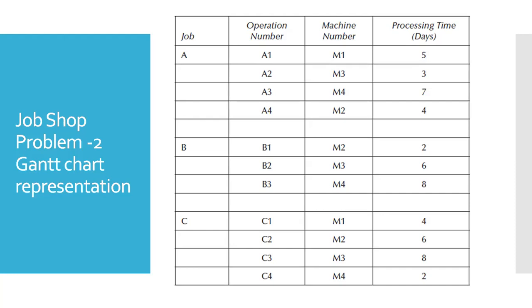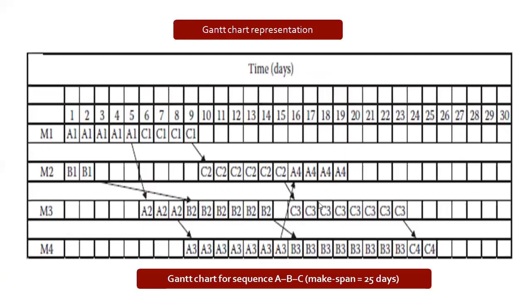Suppose for operations B1, B2, B3, the machines assigned are M2 for B1, M3 for B2, and M4 for B3, and processing times are 2, 6, 8. Suppose we have job C with operations C1, C2, C3, C4, the machines are M1, M2, M3, M4, and processing times are 4, 6, 8, and 2. With respect to that, this is a Gantt chart representation.